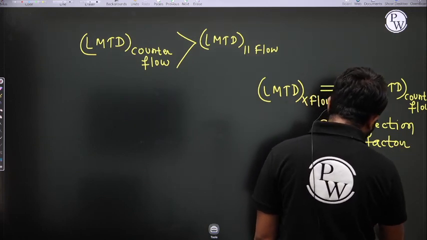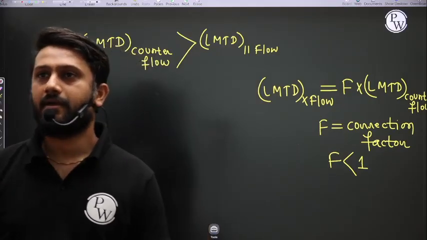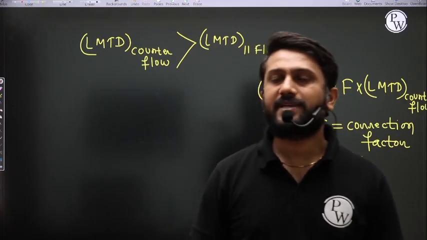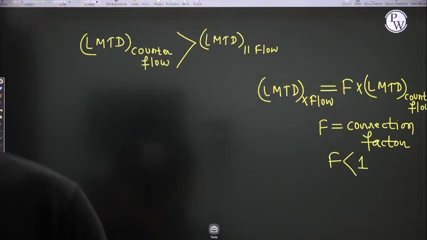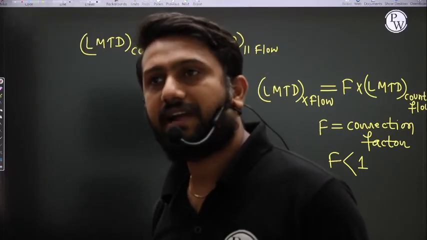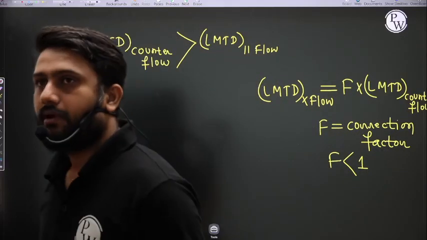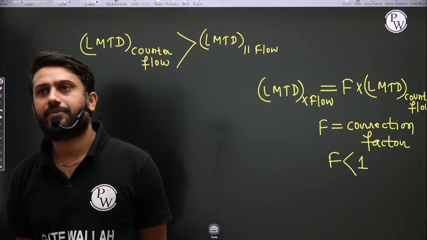This F value is less than 1. So if the problem is based on the cross flow heat exchanger, then definitely the correction factor value is given. So LMTD for the cross flow is F multiplied by LMTD of the counter flow.